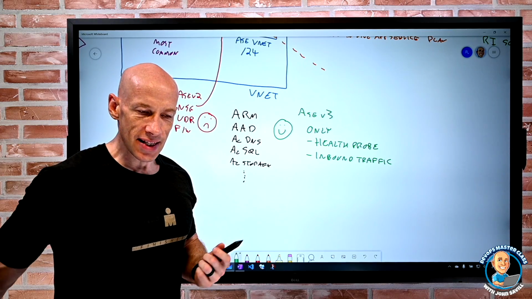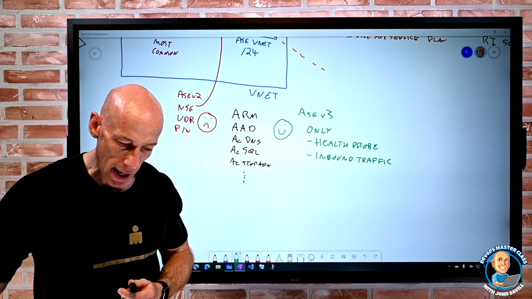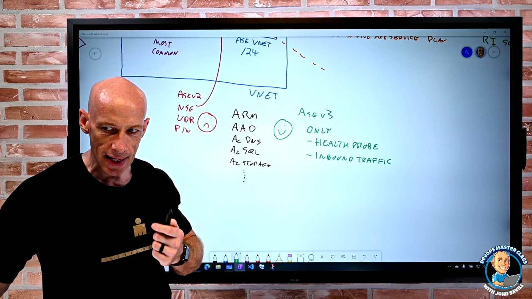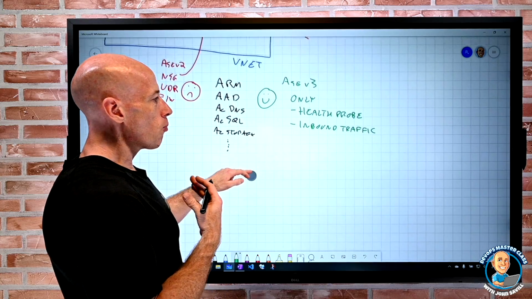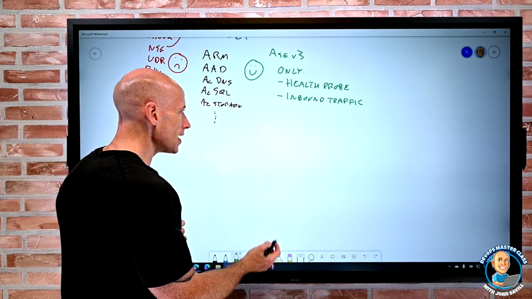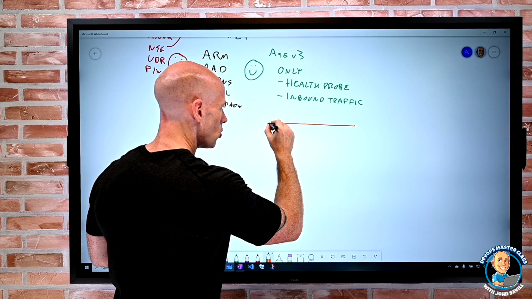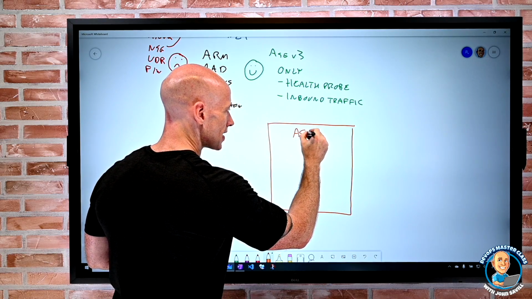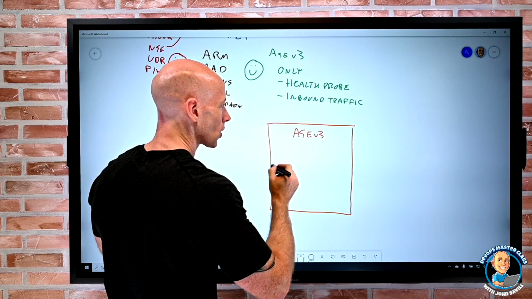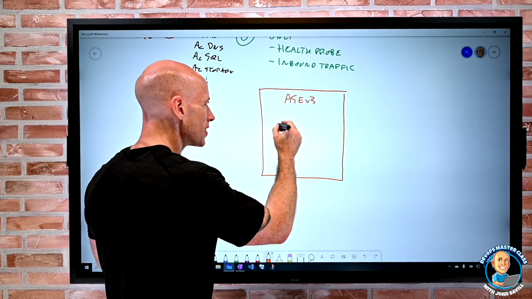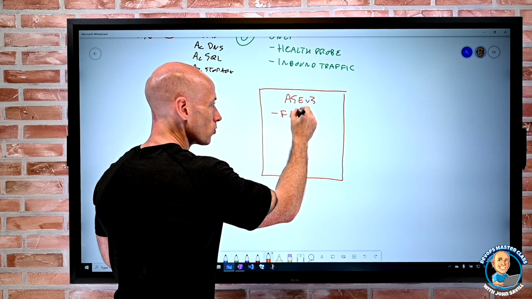Now, how does this work? Again, I talked about how it is a black box. I do not need to know these things. But just to help us understand how this is possible, what's really happening underneath is we have this ASE v3, and it actually comprises a bunch of different things. There are still file servers.